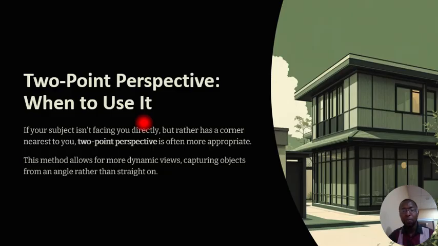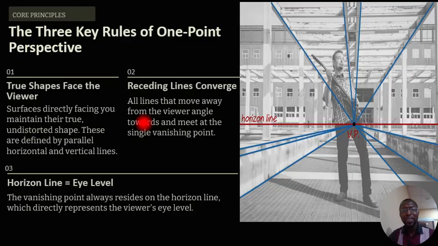All right, now, what are the three key rules of one-point perspective drawing? Number one, true shape faces the viewer. When you want to use one-point perspective drawing, you must allow your object to face you, the artist.